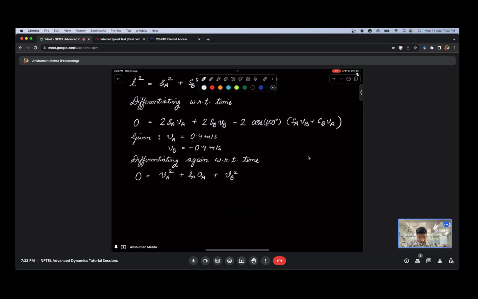VB square plus SB AB minus cos 150 degree into SA AB plus SB AA plus 2 VA VB.